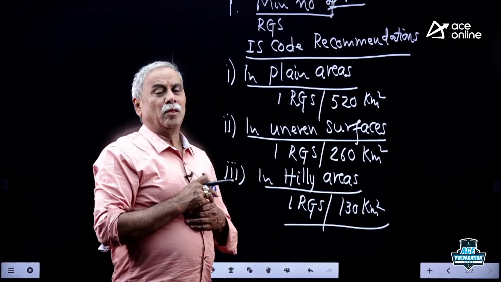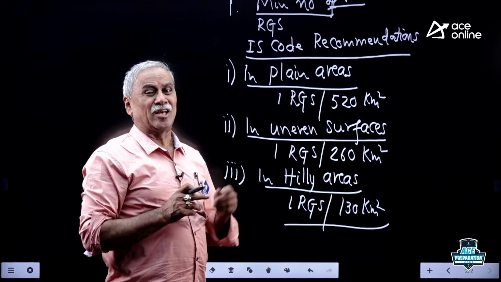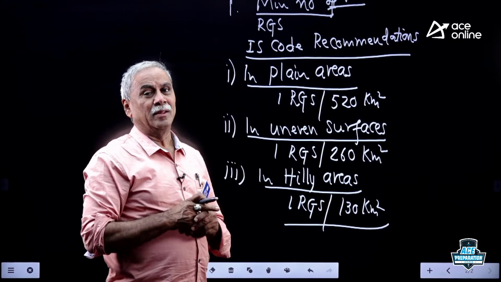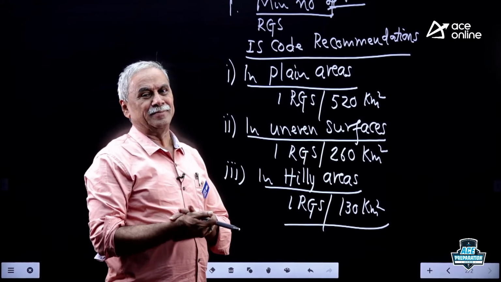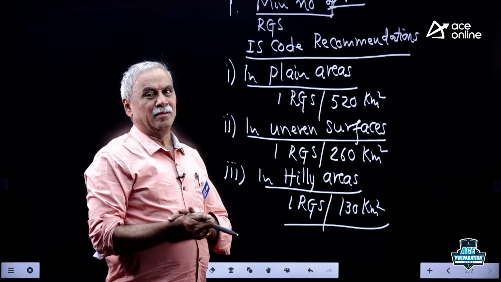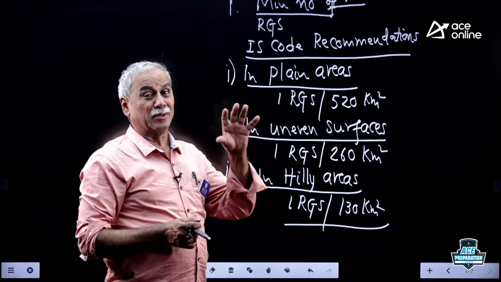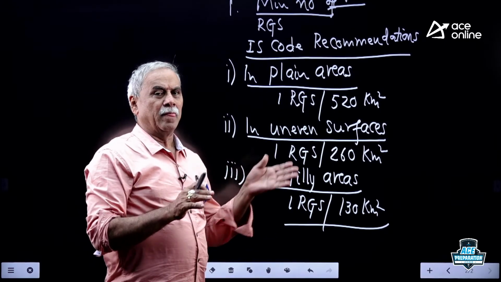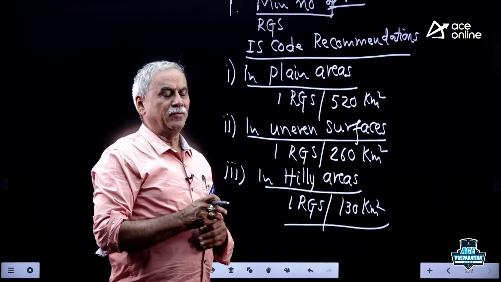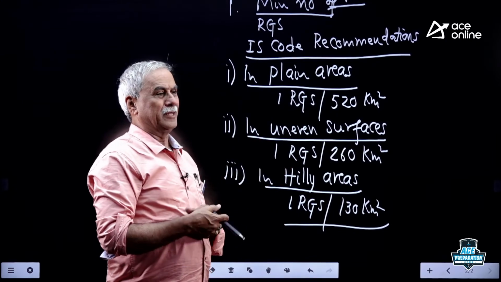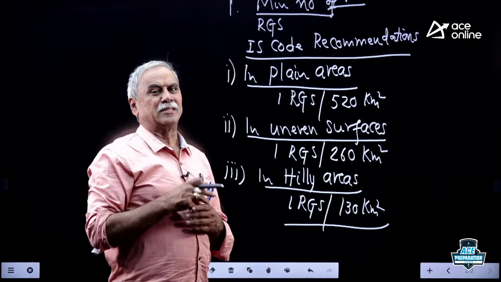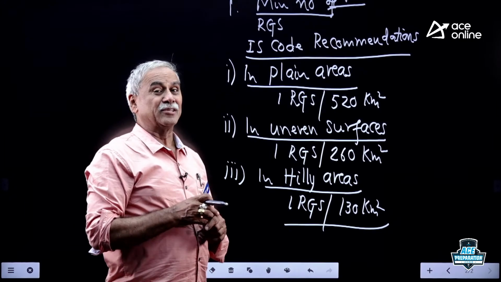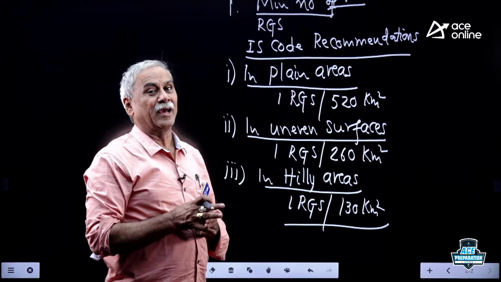Generally, we know more number of rain gauge stations are to be provided in the hilly area as compared to plain area, because of the difference of elevations. Variation of the rainfall is also very high.